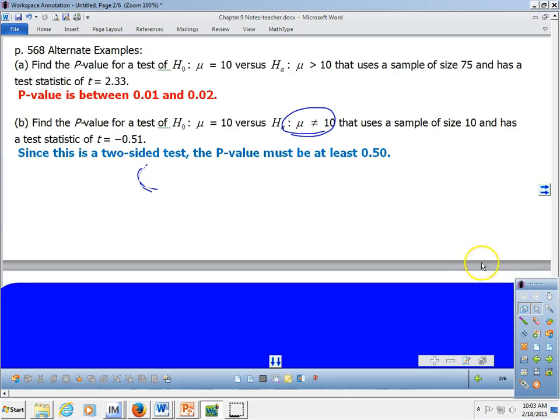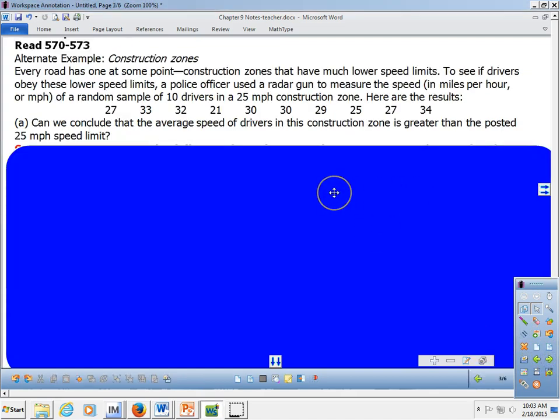I think that gets us into just doing a test. So let's go do that. Every road has one at some point. Construction zones that have much lower speed limits. To see if drivers obey these lower speed limits, a police officer used a radar gun to measure the speed of a random sample of 10 drivers in a 25-mile-per-hour construction zone. And here are the results of those 10 drivers.